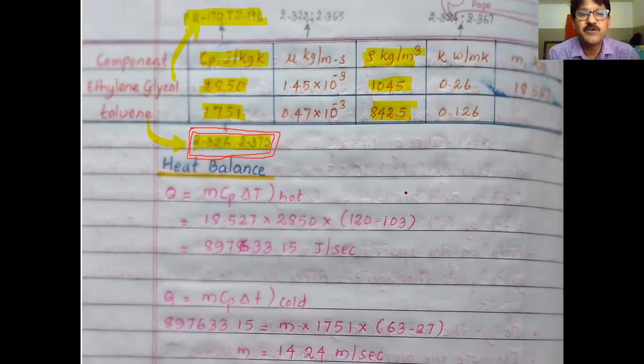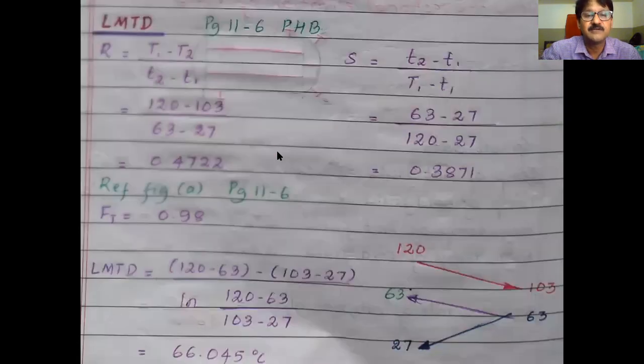Density we have calculated. CP we have taken from this page, and from the same page we have taken toluene. And then one more page is available, that is 2326 to 2370. I'll search. I think I have.